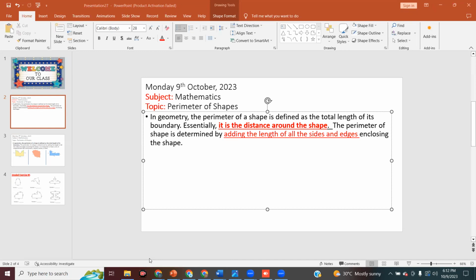By adding the lengths of all sides and edges. Very good. Kema, what is the perimeter? It's the distance around the shape. Very good. And Shion, how can we find the perimeter?